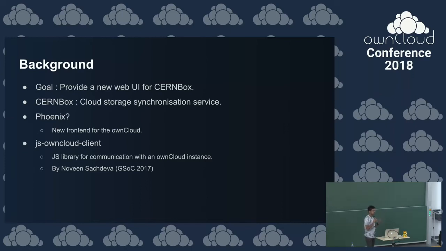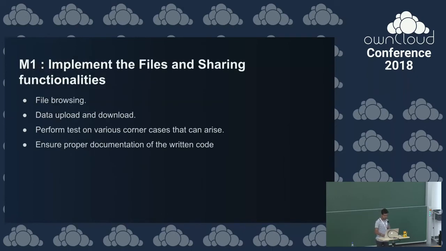This is a JavaScript library with a promise-based API to connect with ownCloud instances, developed by Naveen for his 2017 GSOC project. I think it works with both browser and Node environments.